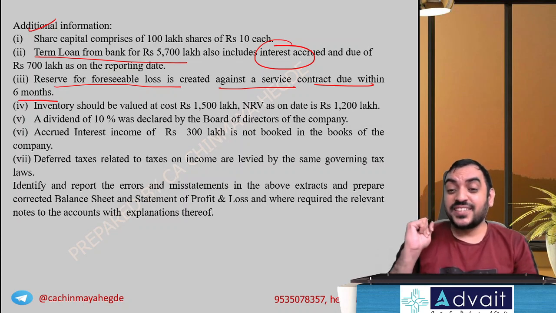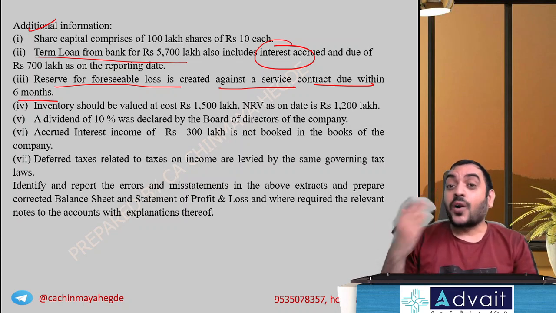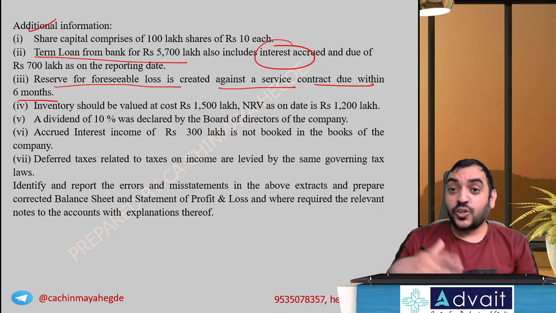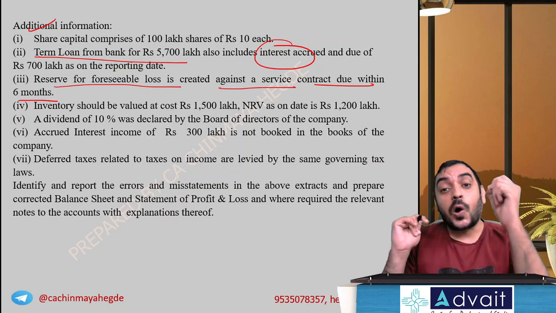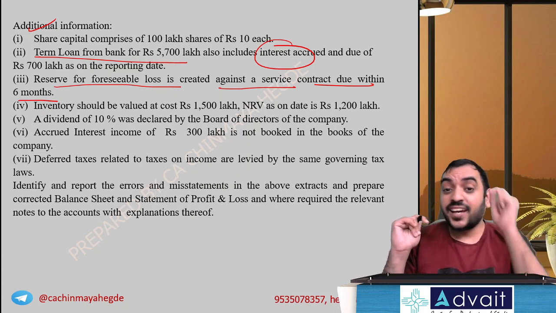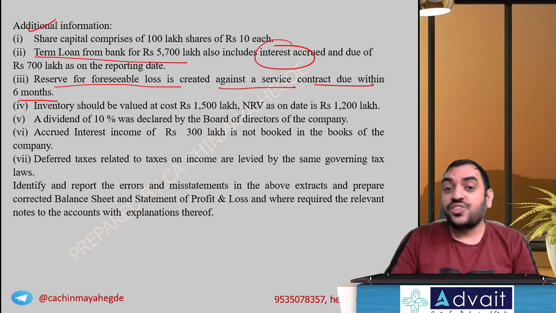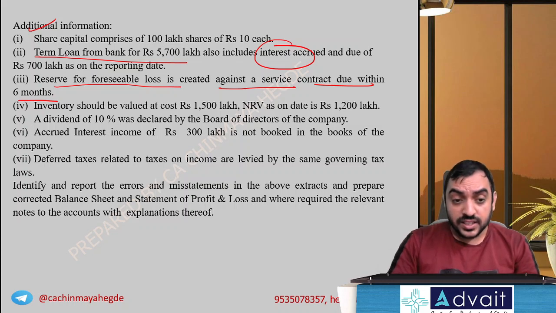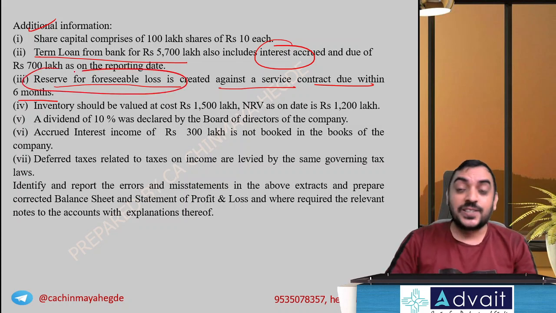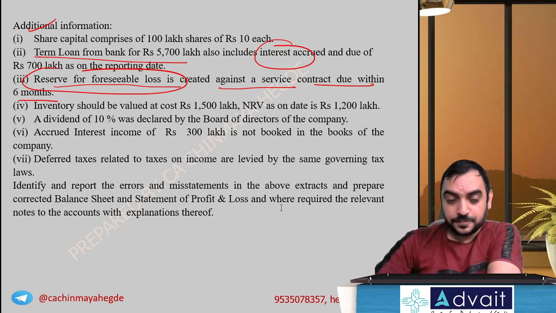No. It is the contract where you have a contract on hand and your benefits are lesser than cost. Cost exceeds benefit. It's called onerous contracts. So they are provisions, not to be shown under reserves and surplus. Reserve for foreseeable loss is not a reserve. It's a provision. So it should be shown under provisions. So that is one more mistake.